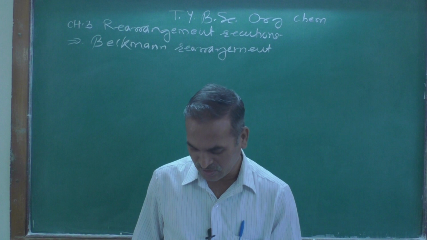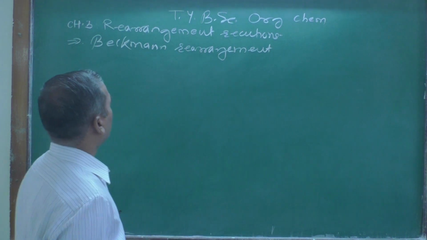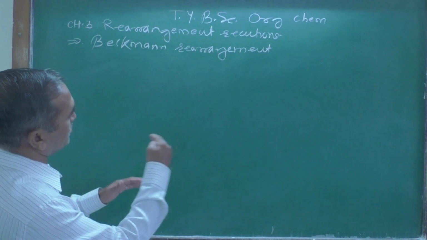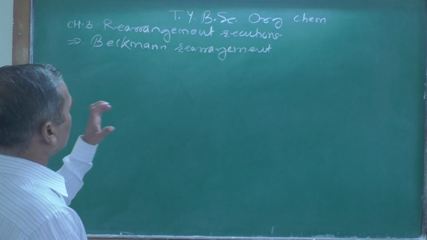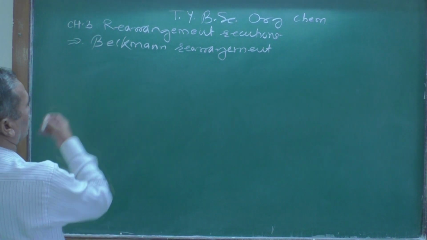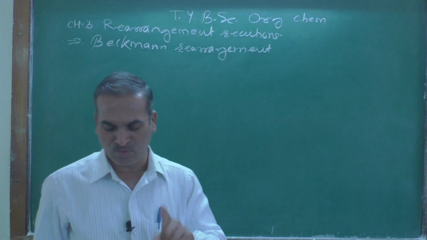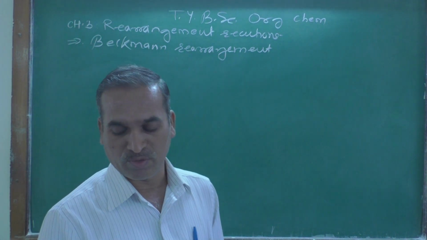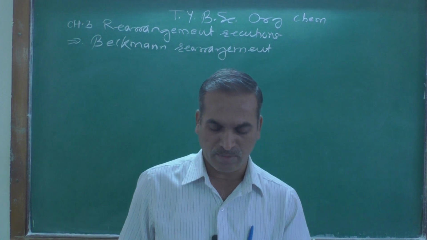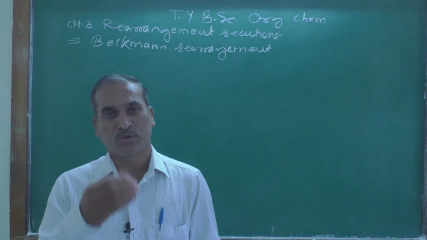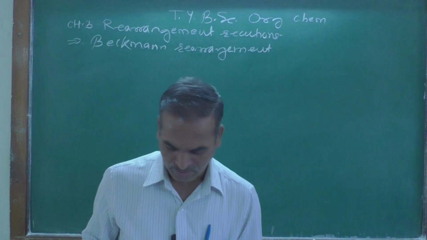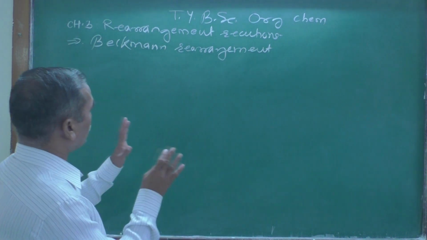Now let us see the general reaction, and after that we will see the mechanism of the Beckmann rearrangement. I think the general mechanism we have seen. Here we are going to take some examples.